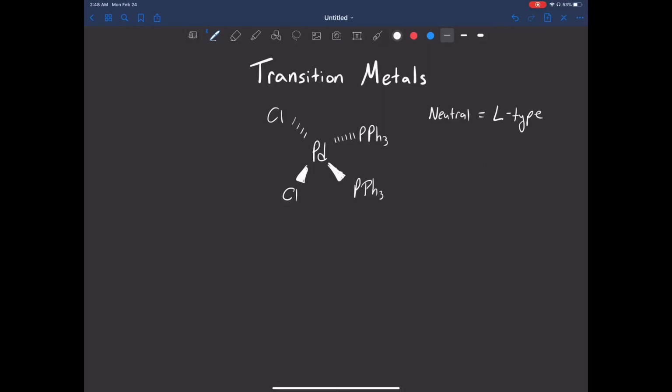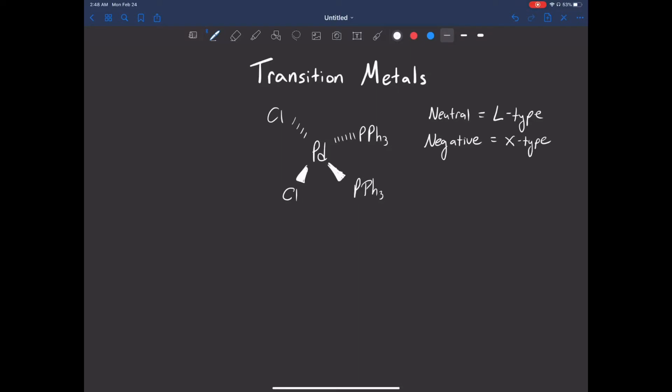All right, just keep that in the back of your head. And negative ligands, you may hear them as X-type. All right, just in case you're ever looking up something online and you see L-type and X-type, this is what they mean. All right, now ligands can either change the oxidation state or they can leave it as it is.